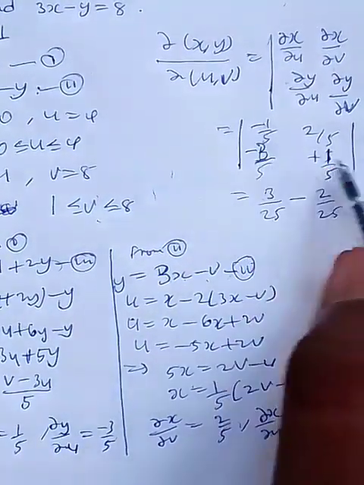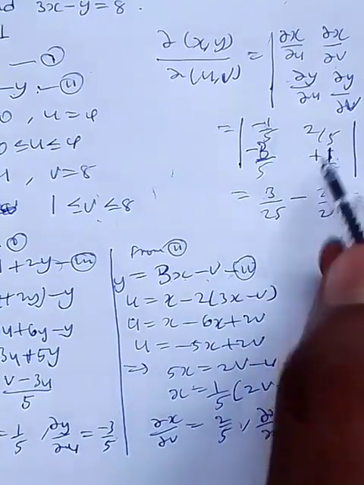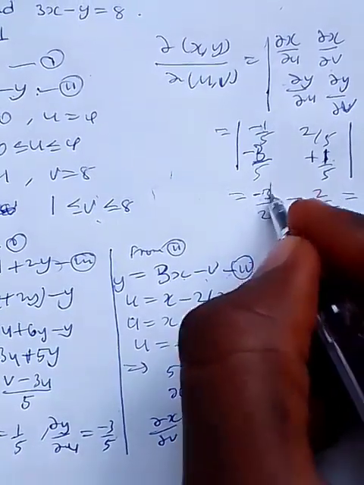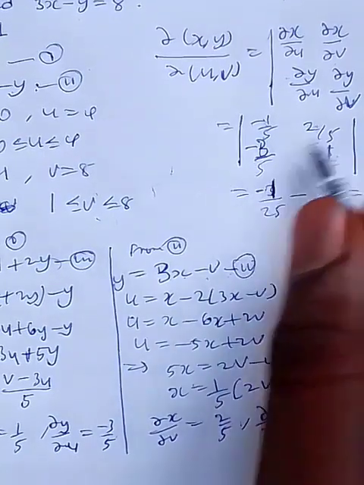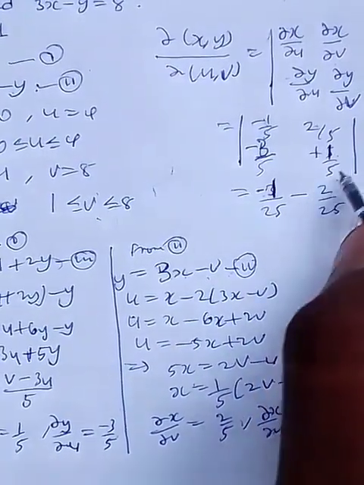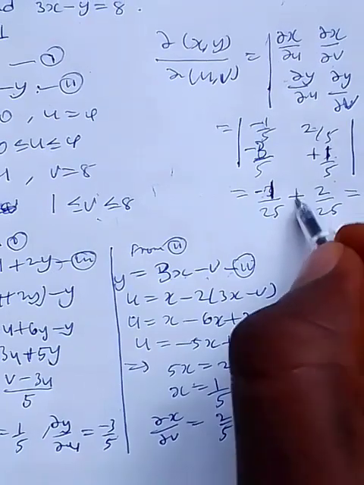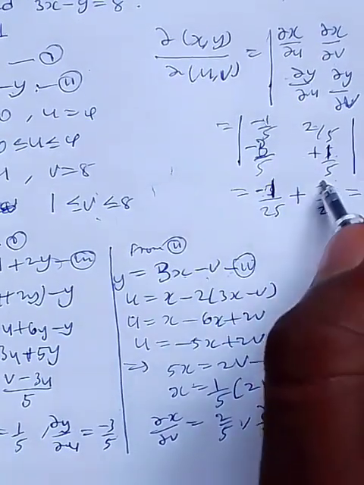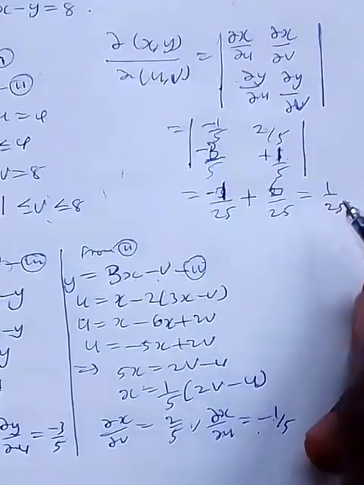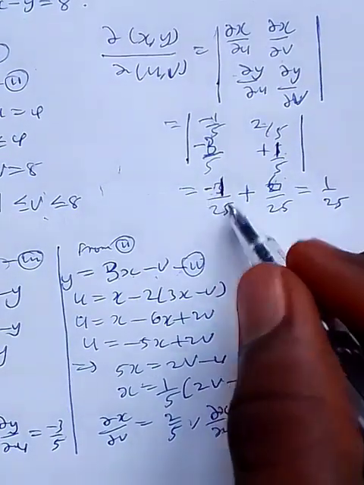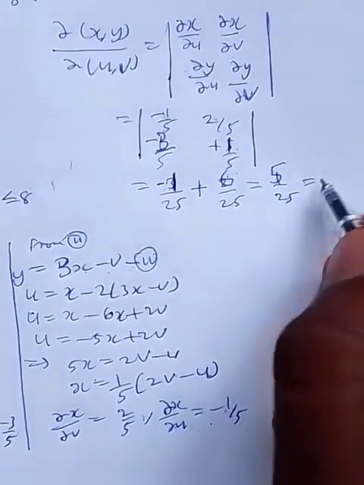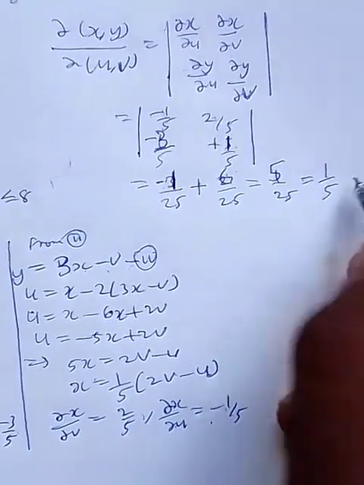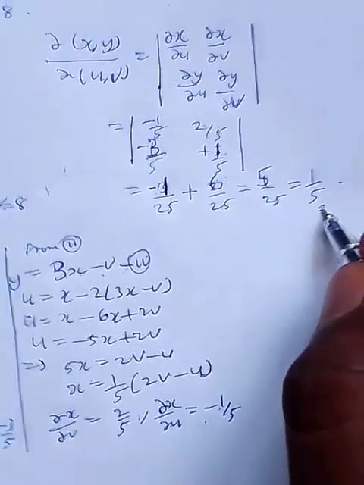So when we do the multiplication, we have minus 1 over 25 and this will be minus 6 over 25. So 6 over 25 minus 1 over 25, we obtain 5 over 25, which is 1 over 5. So that's our Jacobian.